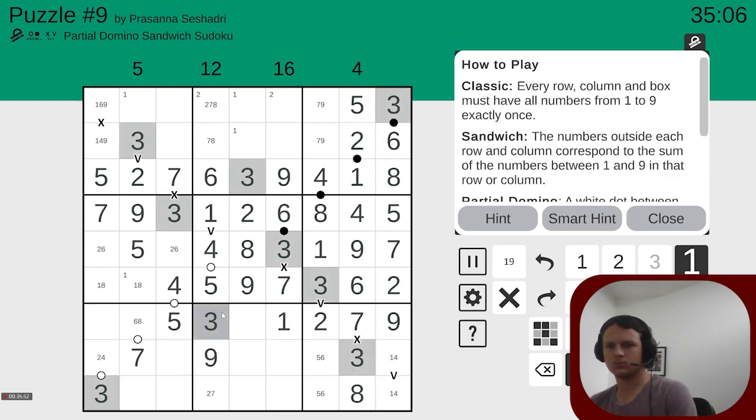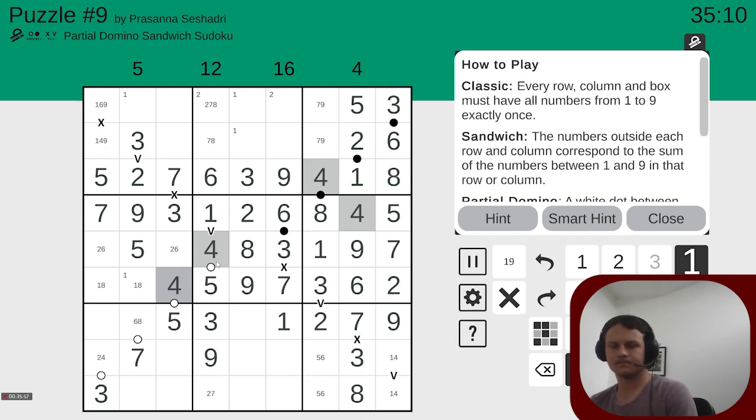Cool. Let's keep that going, Sudoku. Yeah, 4 has to go one of those 2 up there. Has to go there. 6.